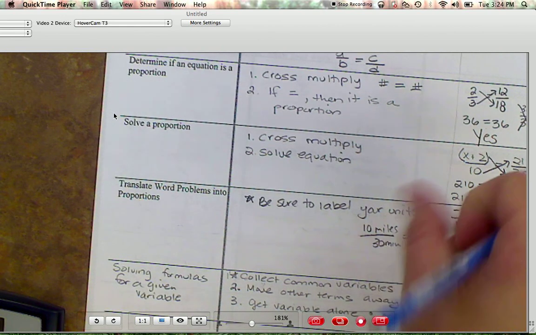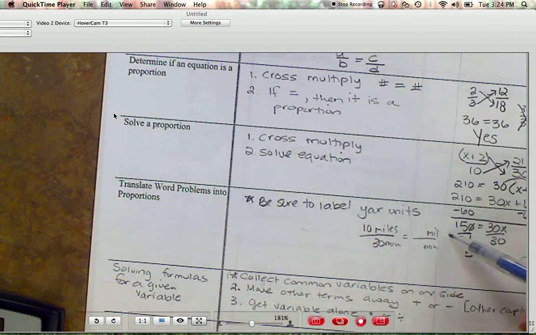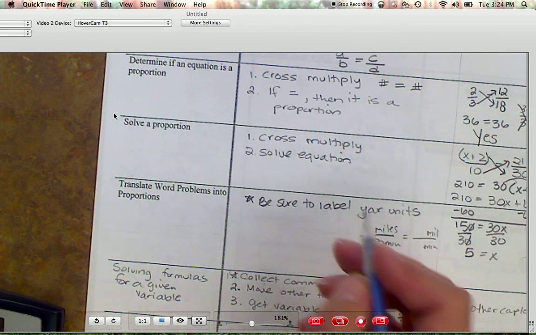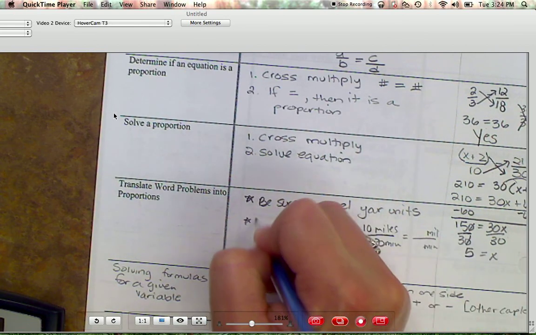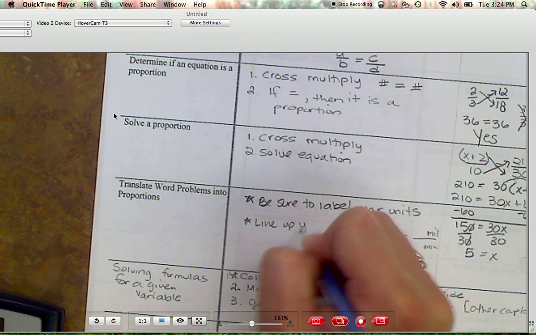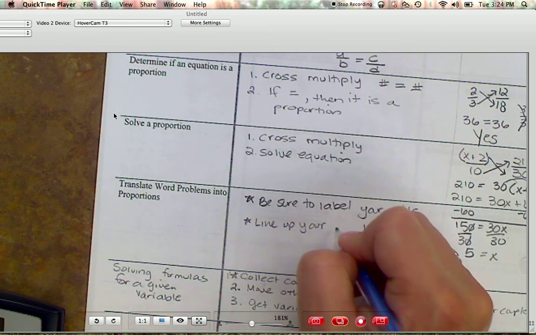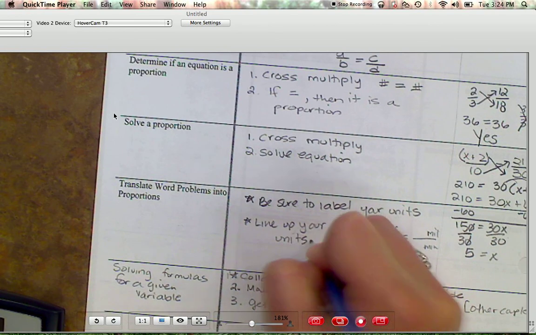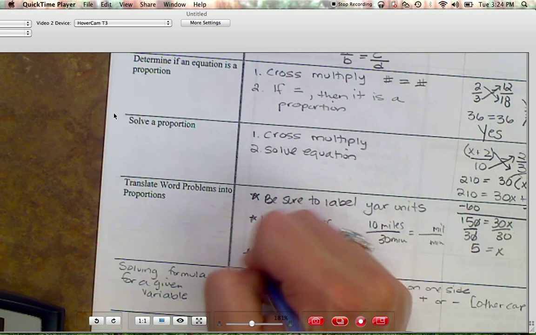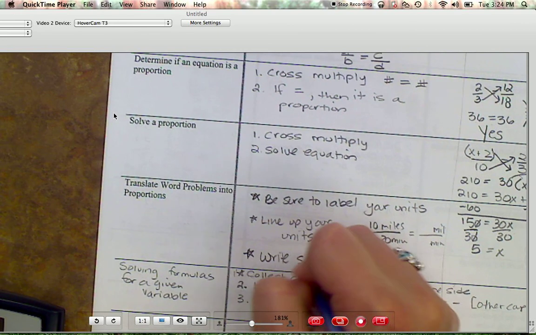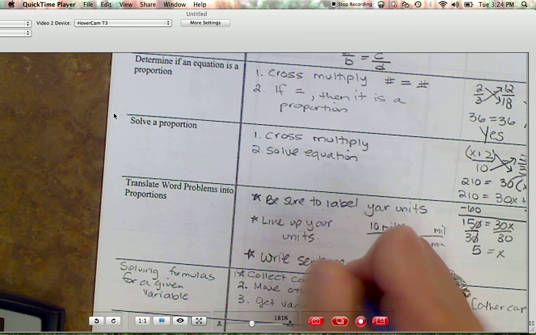And it's okay if you flip them upside down, but they need to match across the board. And be sure to label units and line up your units. Okay? And then write a sentence. Write a sentence to answer the question.